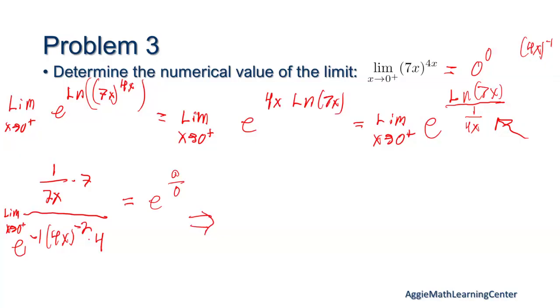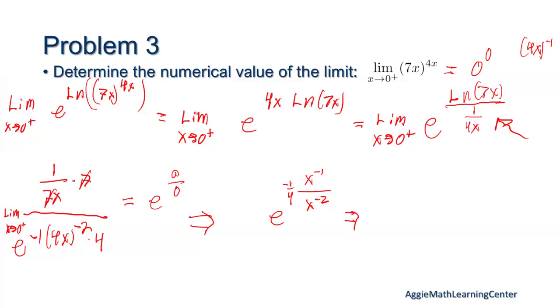We have a -2 on the bottom, meaning that on the top, it would be 4x squared. And these 7s would cancel, so we're left with 1 over x, or x to the -1 on top. So this simplifies to e to the x to the -1 over, that'd be -1/4 x to the -2.